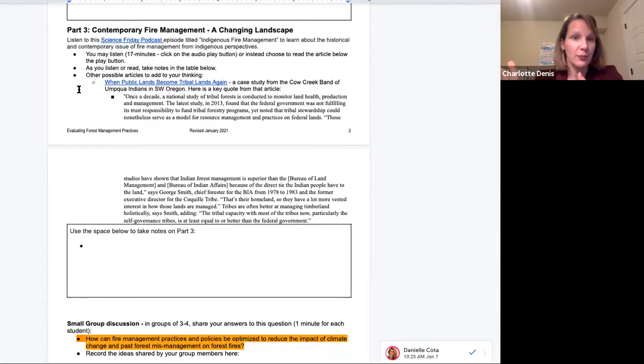Of course, it's a much smaller section, something like 8 or 10% of the historical area managed by those tribes. So there is a movement towards returning some of these public lands to management by tribes, and we want students to see what's happening there and the effects.